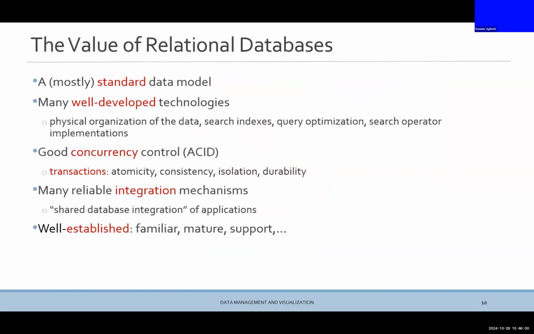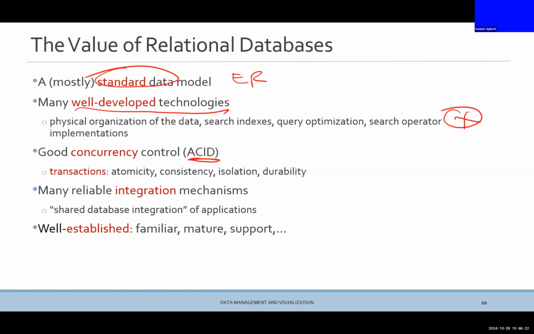Now, what is the value of relational, which we will challenge in a minute? A standard data model, entity relationship. Mature technologies, because they were born in the 70s, so it's 50 years of technology. That's a very big plus.